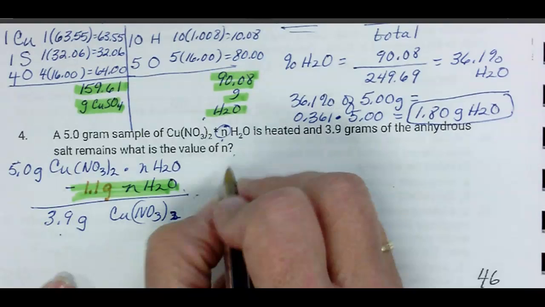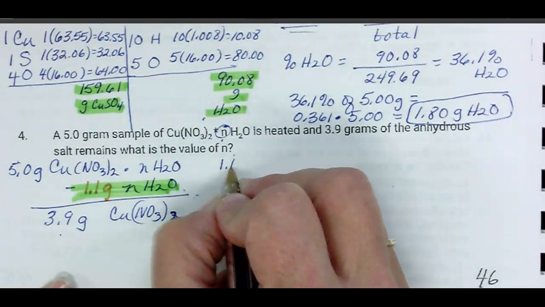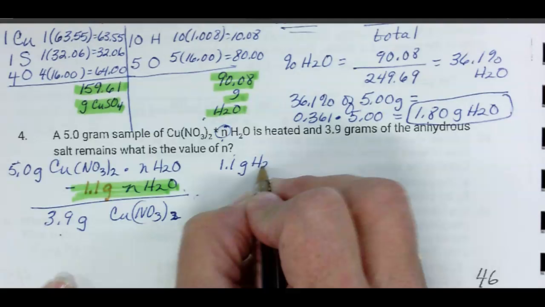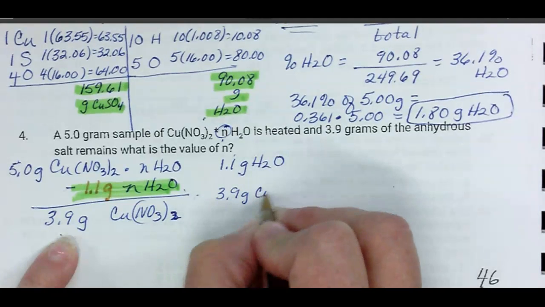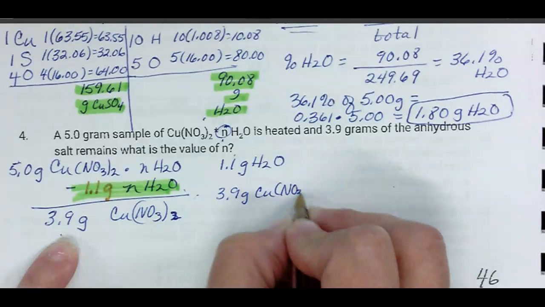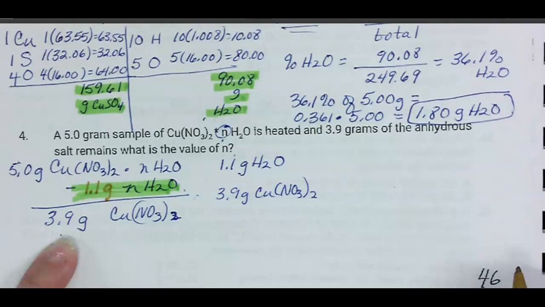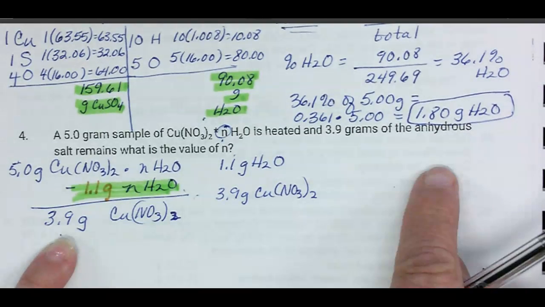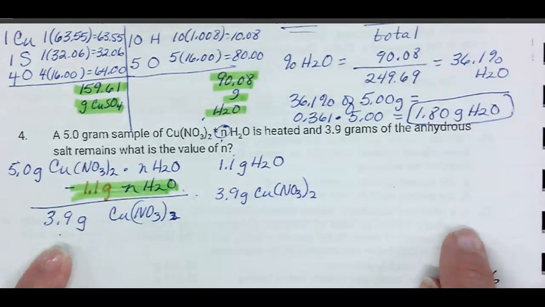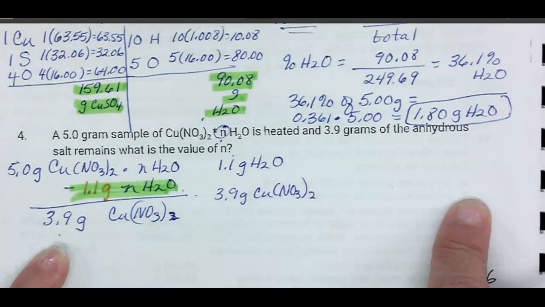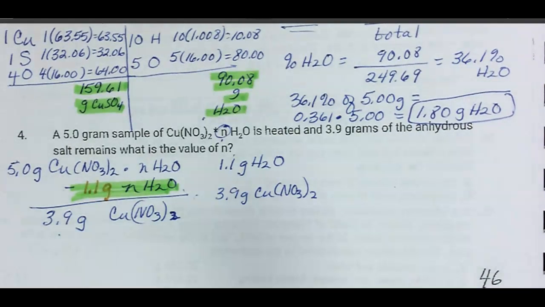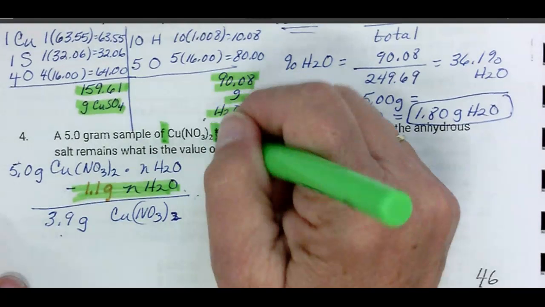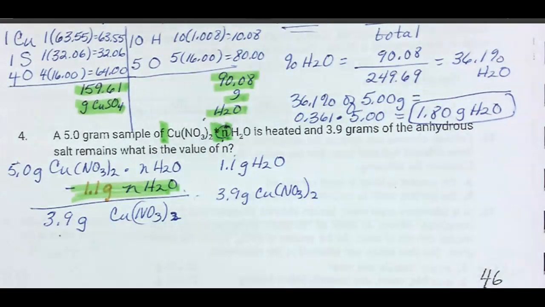So what I need to do in this problem is take my 1.1 grams of water and my 3.9 grams of copper nitrate, and I am going to do an empirical formula. The only difference is when I get those mole ratios at the end, they're not the subscripts. They are, in fact, the values that go here in the front.